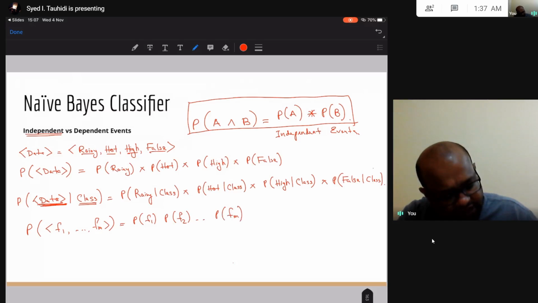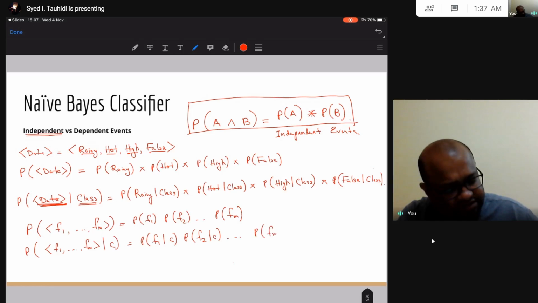And the joint probability of these features given some class is going to be probability of feature 1 given class times probability of feature 2 given class, and so on, up to probability of feature m given class. This is the general formula.